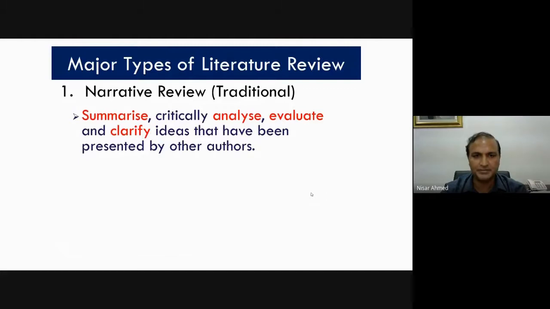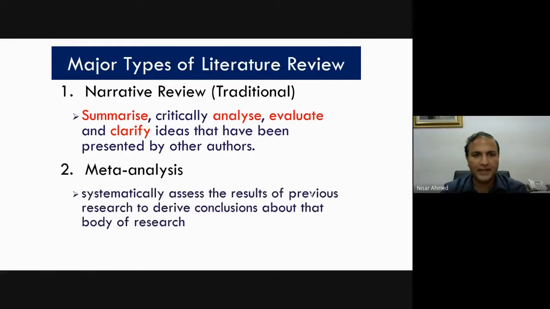So this is a very simple definition of a traditional literature review. Of course, there will be many other definitions as well. And then the second type of literature review is the meta-analysis. And what do we do in meta-analysis? We systematically assess the results of previous research to derive conclusions about that body of research. So this is what we basically do in meta-analysis.